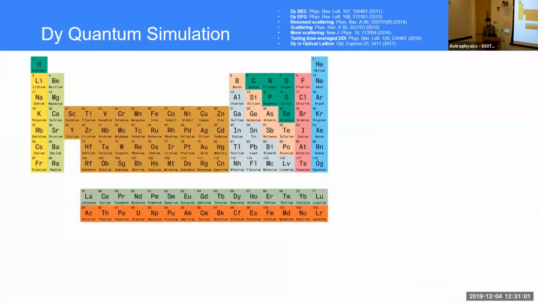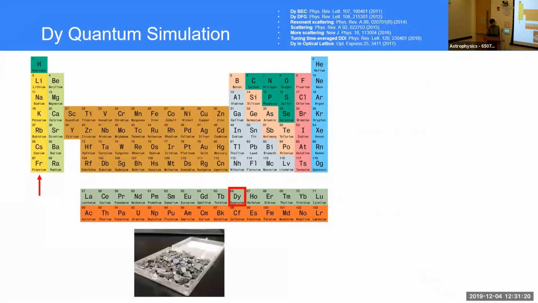So first, why is this dysprosium interesting? In the early days of quantum simulation using ultracold atoms, people would typically pick the group 1 elements. These alkalis feature one single valence electron in the s orbital. On the contrary, dysprosium is a lanthanide in the transition metal series.